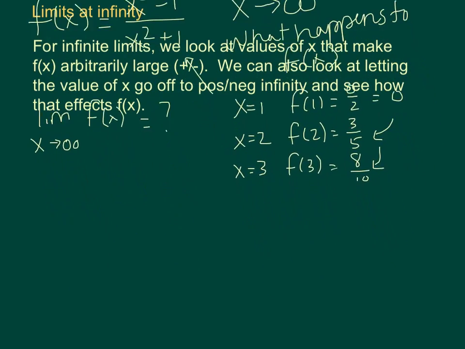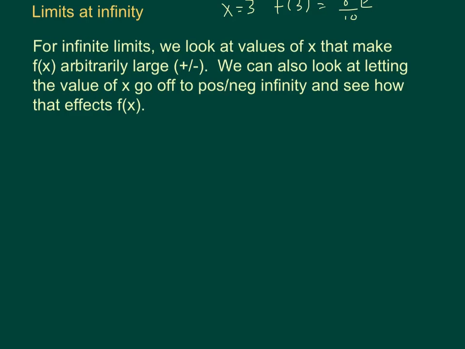So let me move that out of the way and continue doing this. If we chose just an arbitrarily large number like x equals 100, and I found f of 100, we would see that f of 100 is equal to 999 divided by 1001.